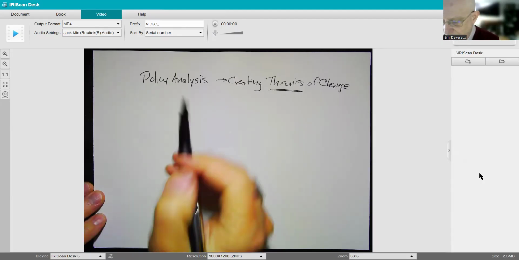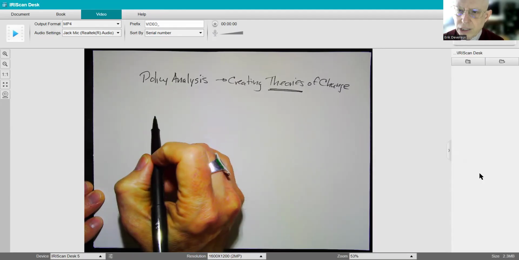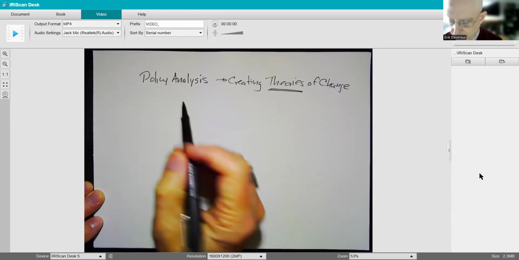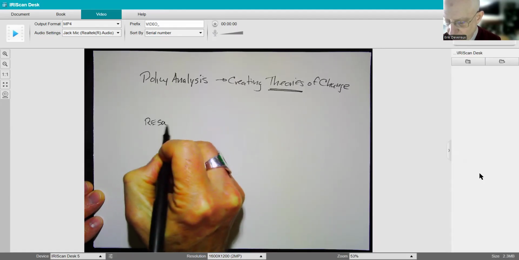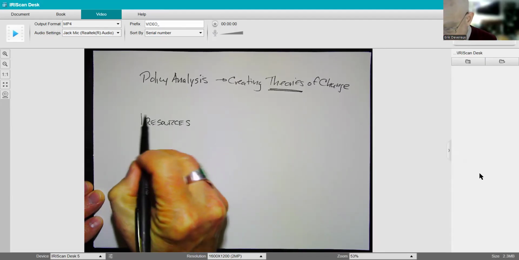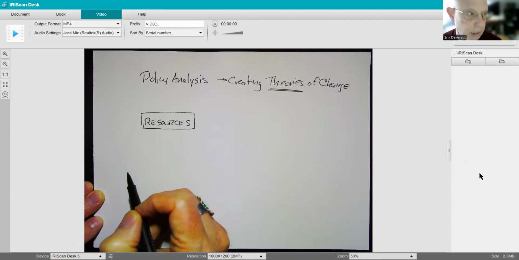So a lot of the thinking that goes on from this point forward is strongly connected to something else that comes out of program evaluation, which is called a logic model. In a logic model, we recognize first and foremost that we have resources to deploy. And again, the use of those resources is often what we mean when we talk about a public policy.